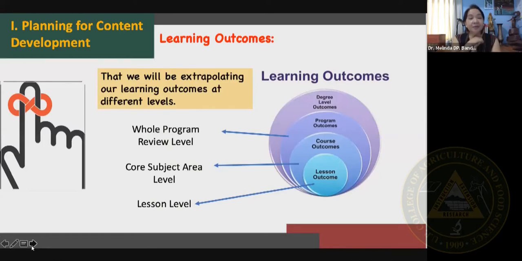So planning for content development. Okay, again, based on our learning outcomes, which we extrapolated from the assessment, we can have them at different levels. So we have to remember this. We have at the program level, program outcomes. So we have learning outcome for the whole program review level.